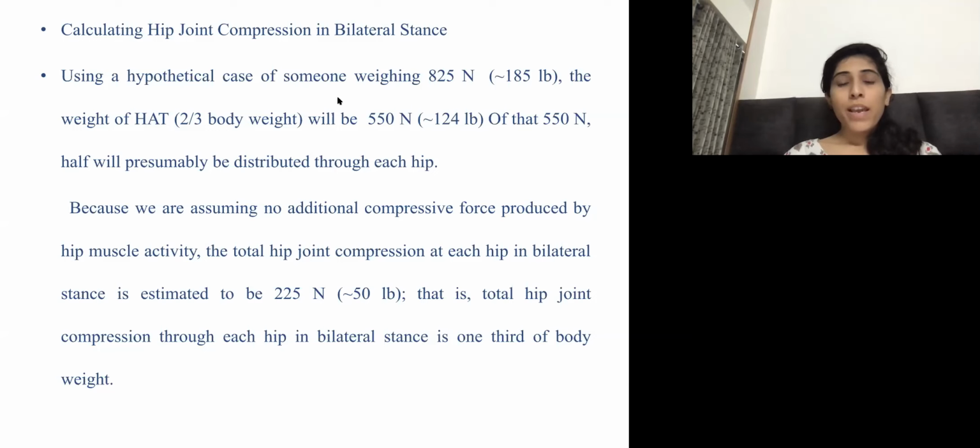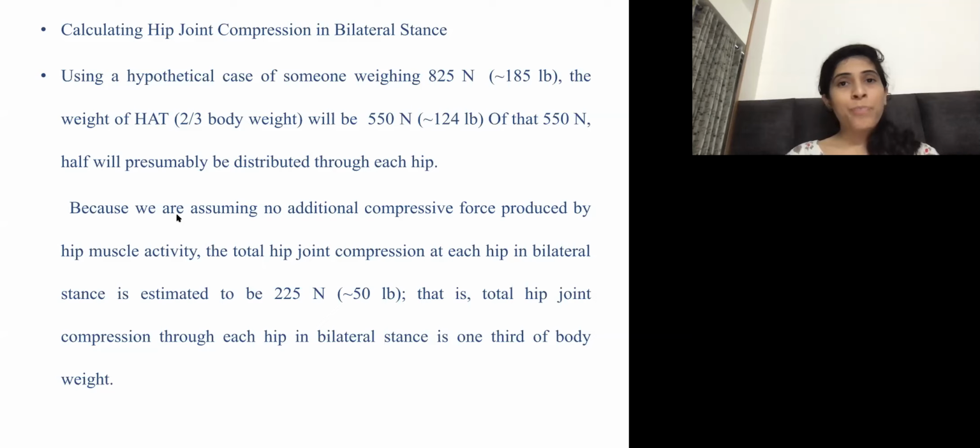Because we are assuming no additional compressive force produced by the hip muscle activities, the total hip joint compression at each hip joint in the bilateral stance is estimated at 275 Newton. So 550 is the total two-thirds of the body weight, and half of this is 275 Newton. So the total hip joint compression through each hip in the bilateral stance is one-third of the body weight.